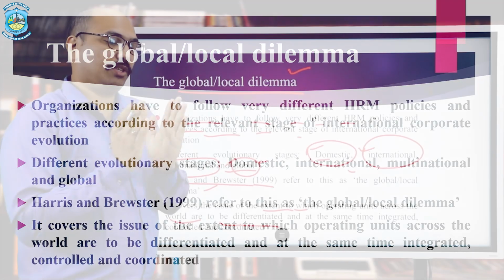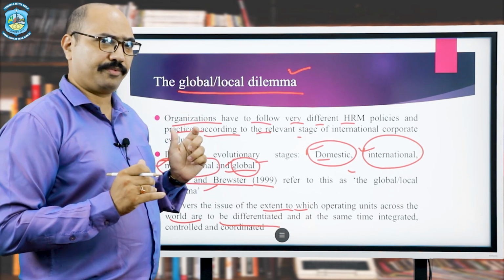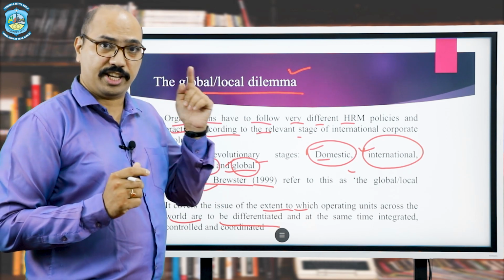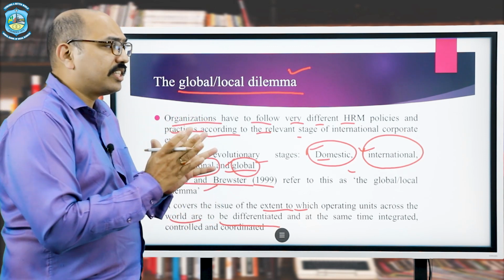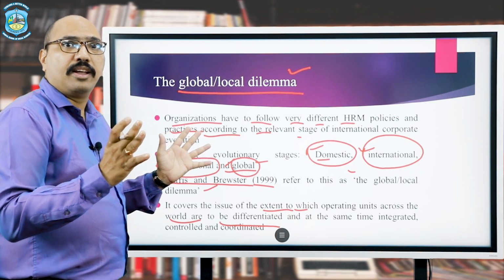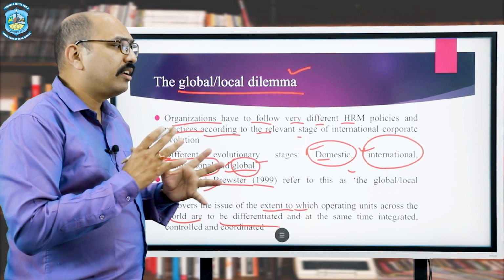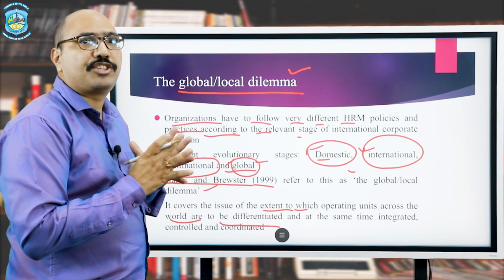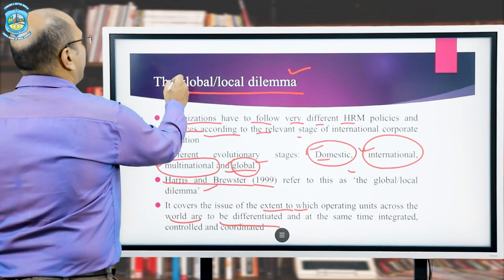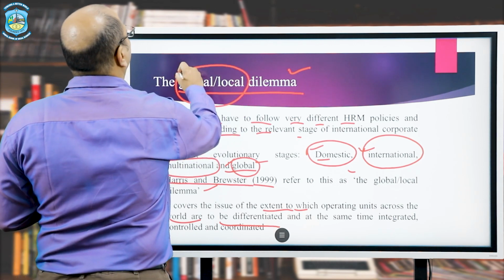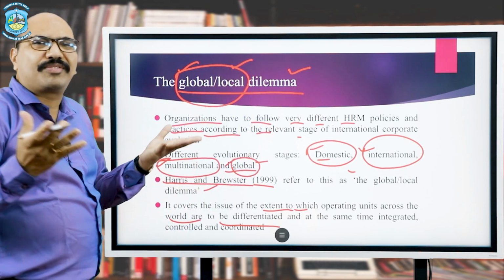It's always a situation of a dilemma, because it all depends on the judgment of the HR team, and typically the HR manager, the head of the HR team, how to deal with this diversification. So there is always a dilemma while we are discussing the issues of HR. And that dilemma is known as global-local dilemma. To what extent one should be global, to what extent the approach should be local, things like that.